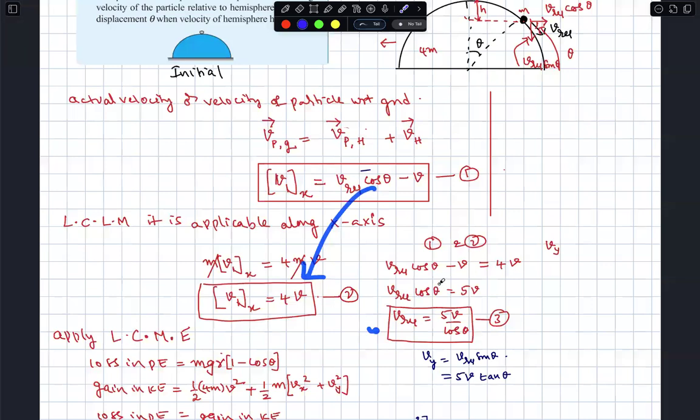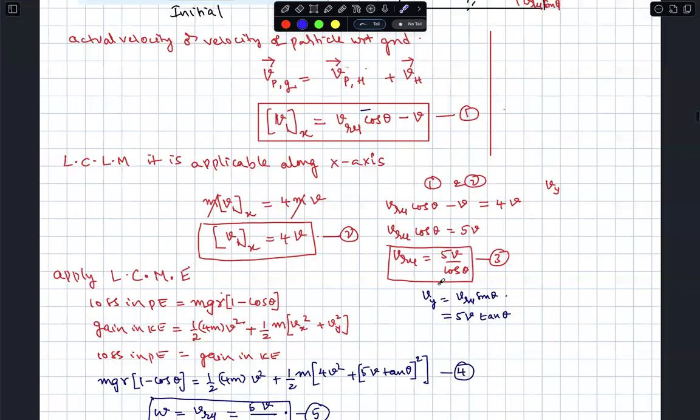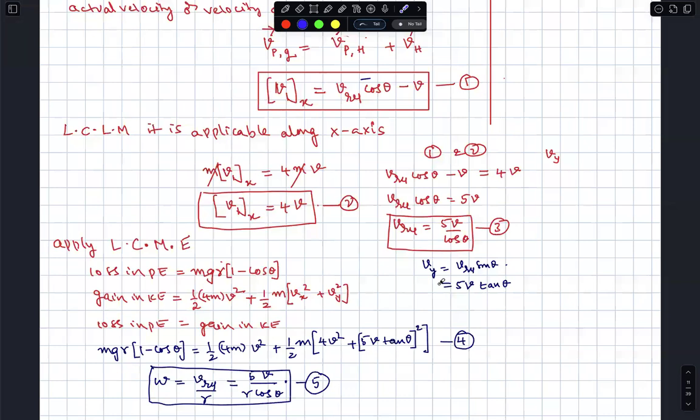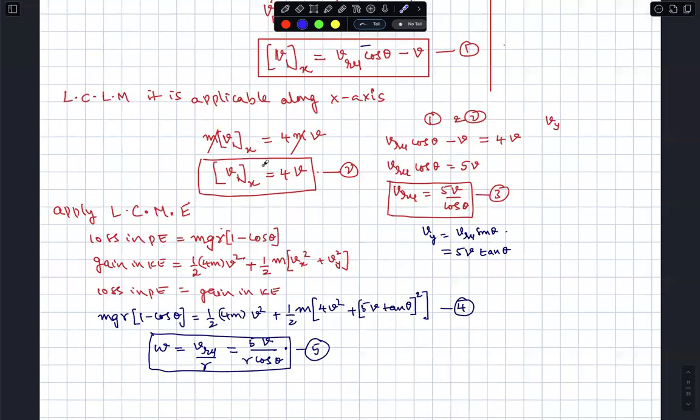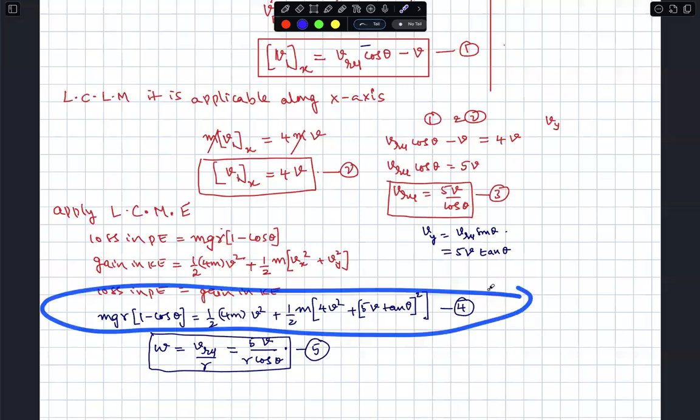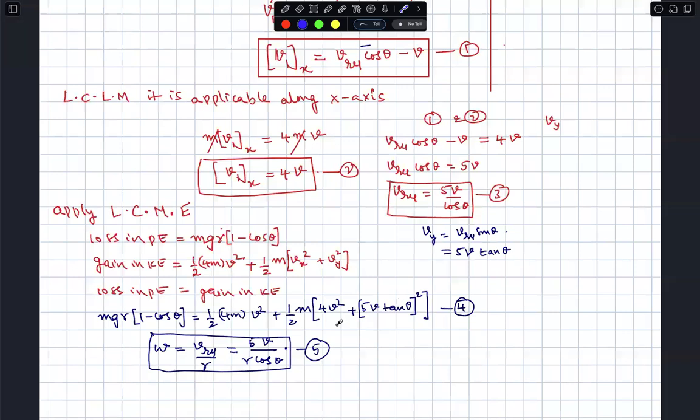So I got v relative as 5v by cos theta. Now remember, they want the cos theta term also. I applied the law of conservation of mechanical energy from this equation, and you will get the theta term. But that is not what they are asking. They are asking omega. Omega is 5v by r cos theta. That's all. So it is a jumbo problem, very lengthy, but still under basics.